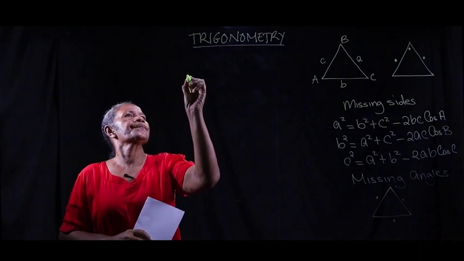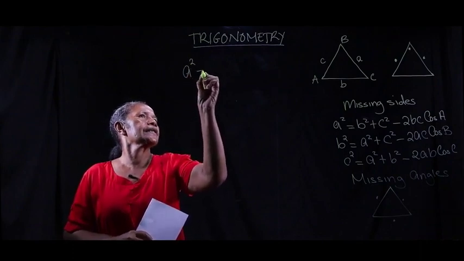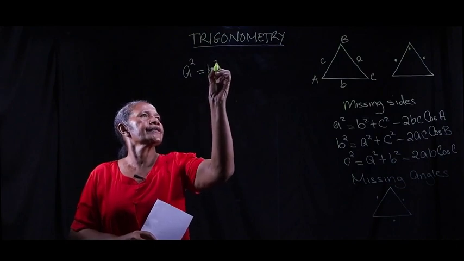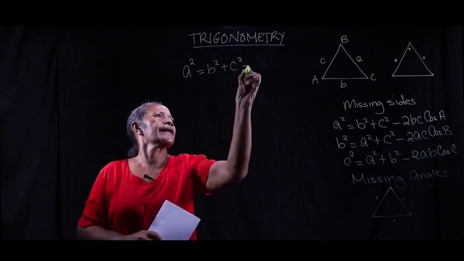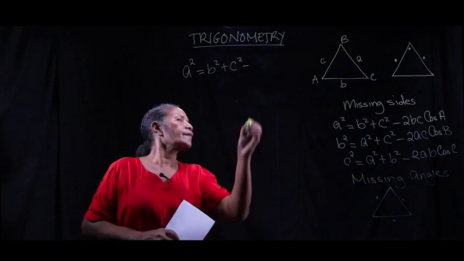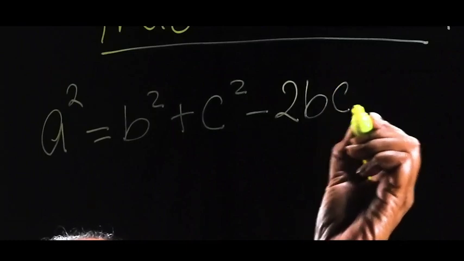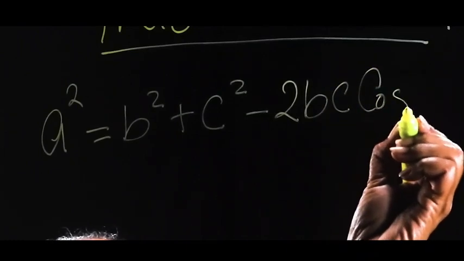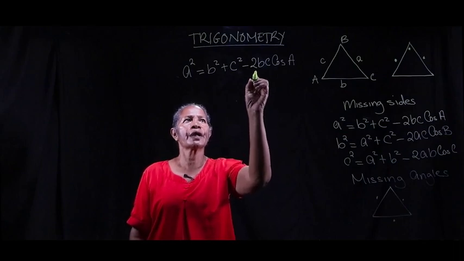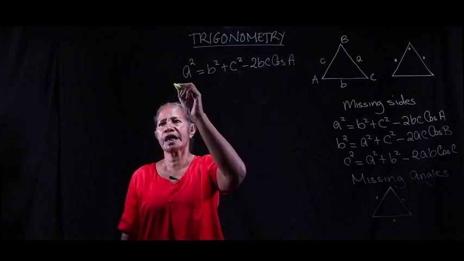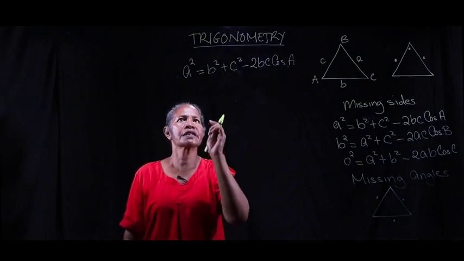We have A squared is equal to B squared plus C squared minus 2BC cos A. We are going to move this over to the left because we want cos A to be the subject.